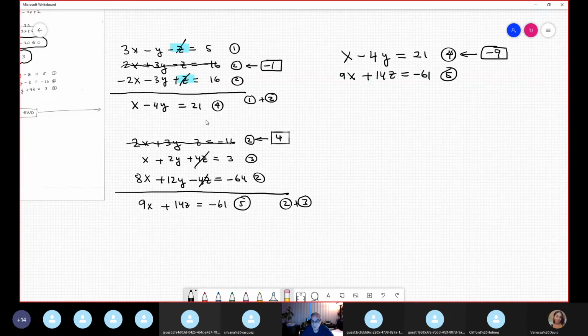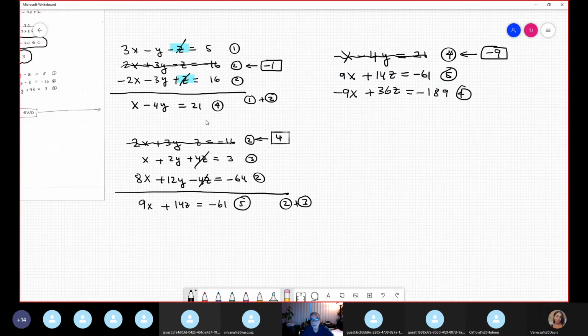Now, when you multiply equation 4 by negative 9, we have negative 9x, copy down, plus 36y, equals negative 9 times 21, which is negative 189. And this is the new equation 4.